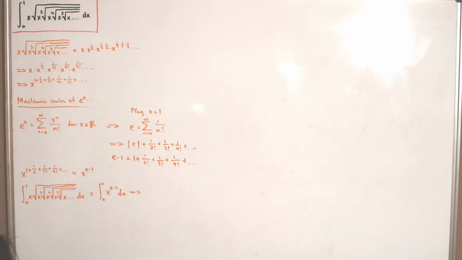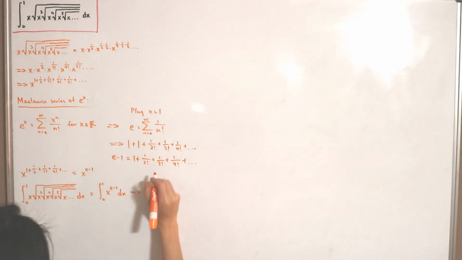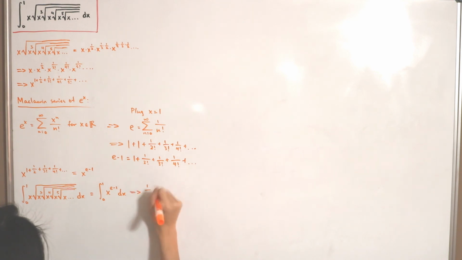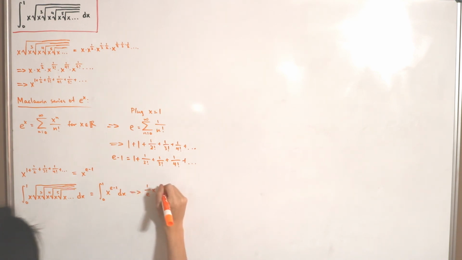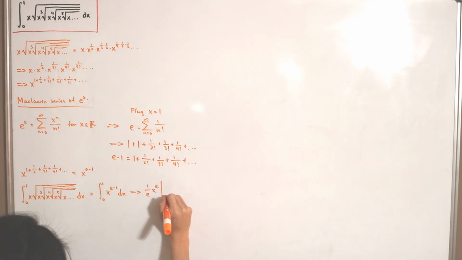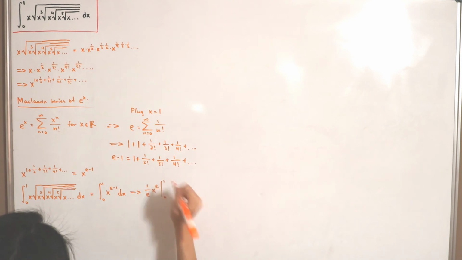This definite integral is not that difficult to show. We just use the power rule. So I get 1 over e times x to the power e, evaluated from our bounds 0 to 1.